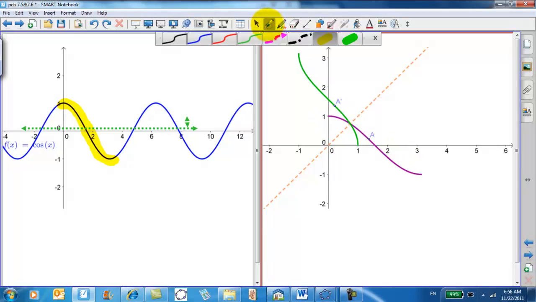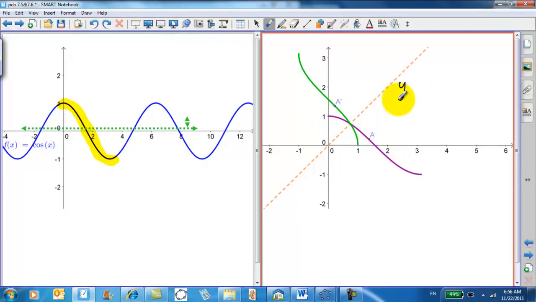So here with the cosine, again, the cap cosine function is a subset of the cosine function with a domain of 0 to pi and a range of negative 1 to 1 for the y's.